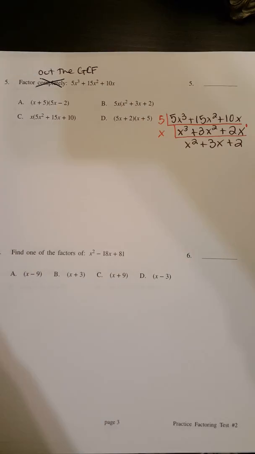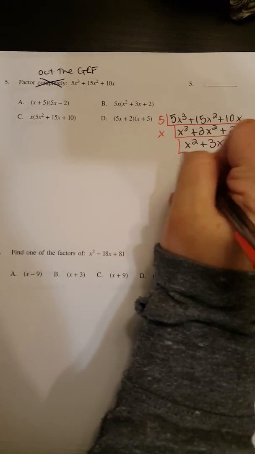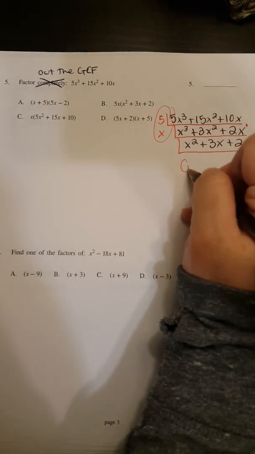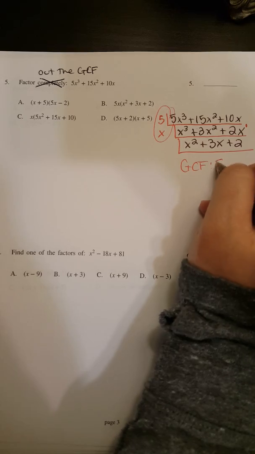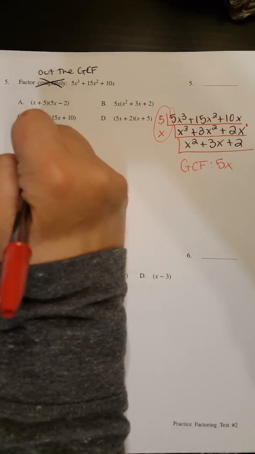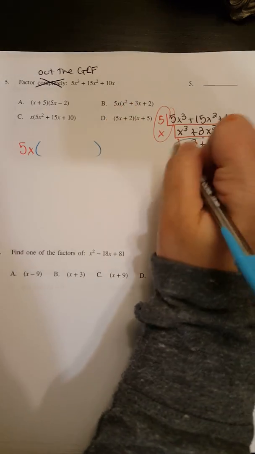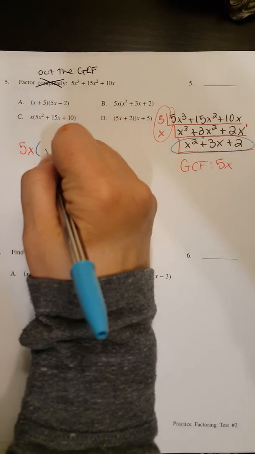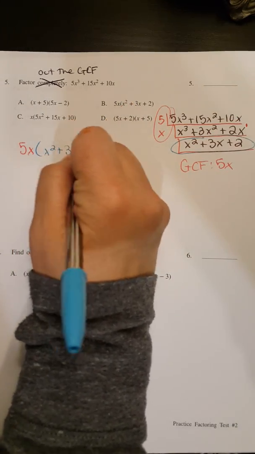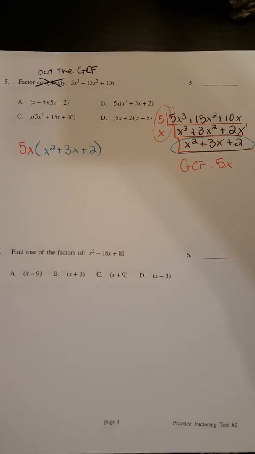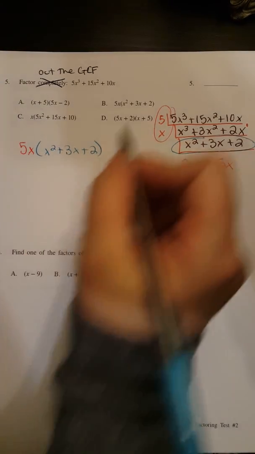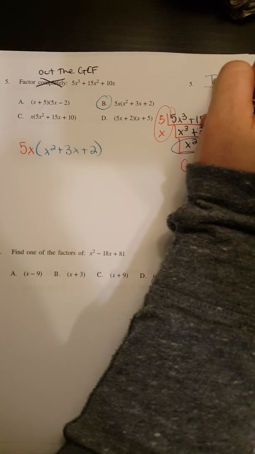And then there's not going to be an x at the end. So here, our greatest common factor is 5x. So that's what we pull out. And then our leftovers here, or this bottom part of our cake, we have x squared plus 3x plus 2. So based on those instructions, our matching answer would be answer choice B.